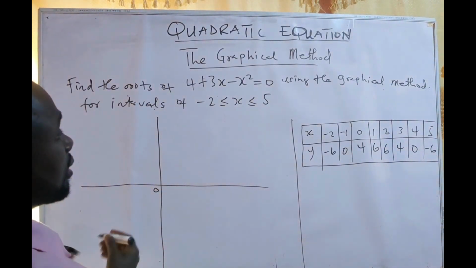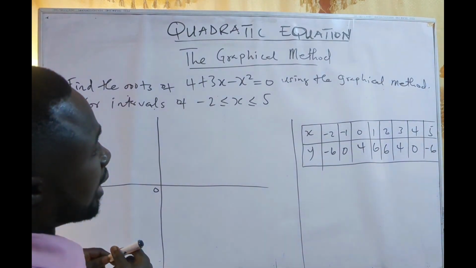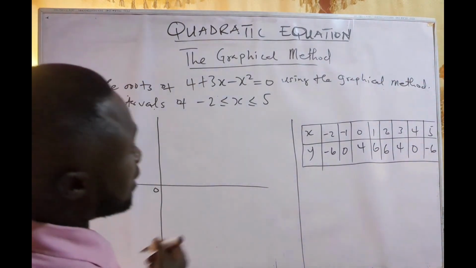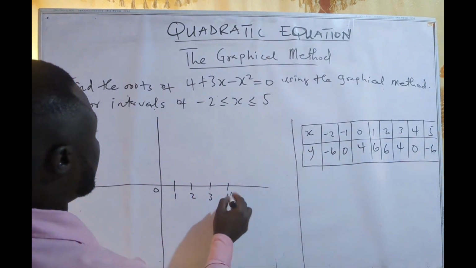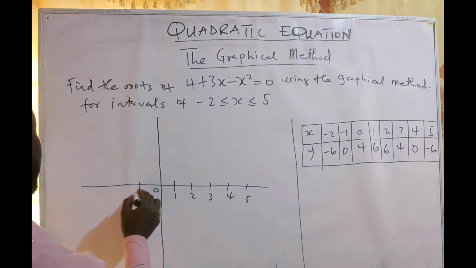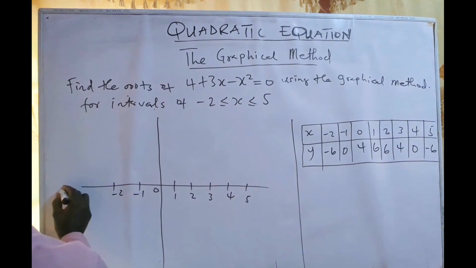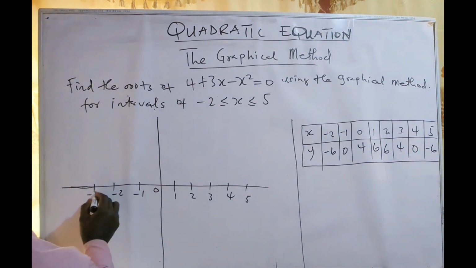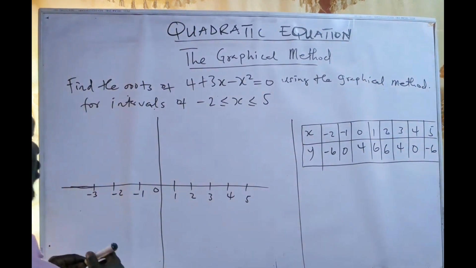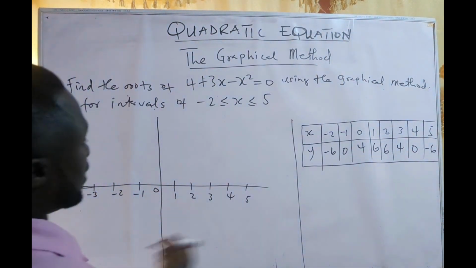Okay, so 0 is here. On the x, it starts from 1 to 5. So 1, 2, 3, 4, and 5. Negative 1, negative 2, okay, so let's say negative 3. So this is my x.